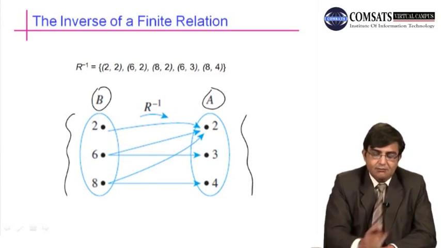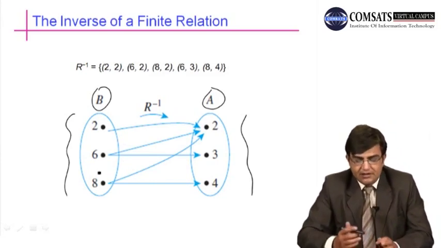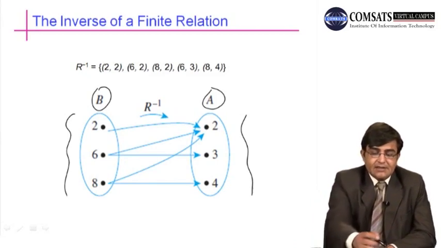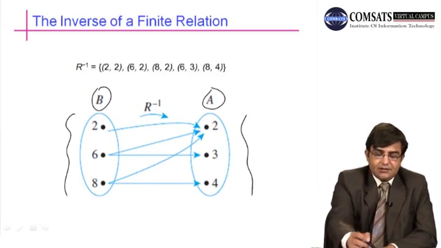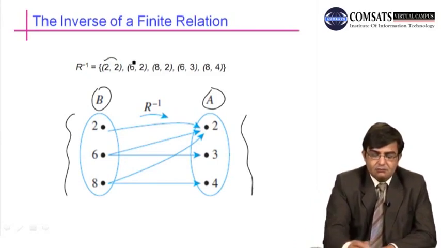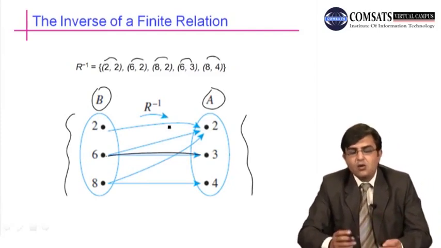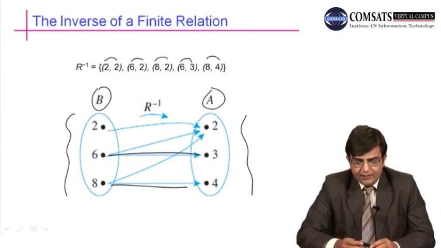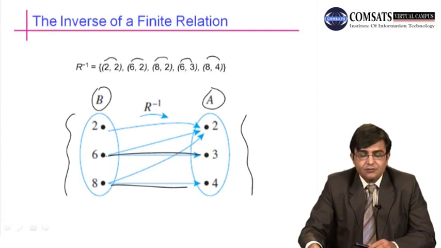This relation is basically a many to one type relation. So here you can say that 2 is related to 2, 6 is related to 2, 8 is related to 2, and 6 is related to 3, 8 is related to 4. So this is how we can define the inverse relation between two sets.